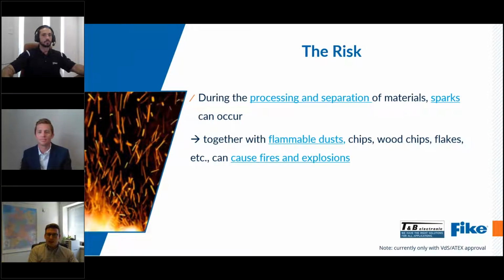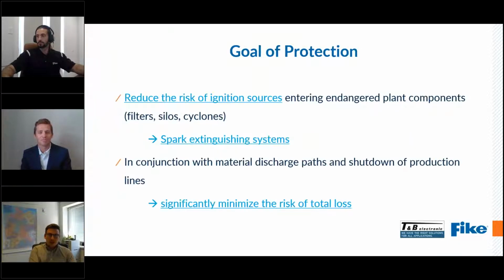First, let's talk a little bit about the risk. What is the risk we are talking about? During the processing and separation of materials, sparks and embers can occur, and together with flammable dust, chips, wood chips, flakes, it can cause fires or even explosions. So what is the goal of the protection?